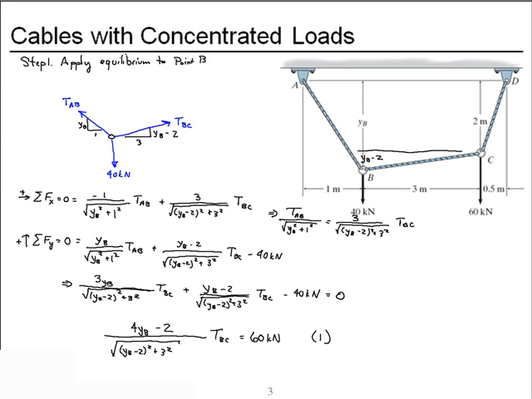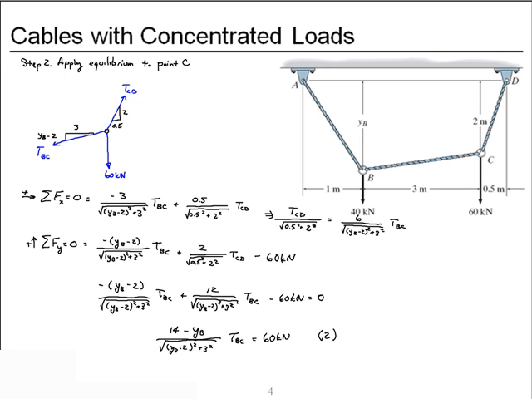And we chose to use the sag at B and the tension in segment BC. And we chose the tension in segment BC because it'll be common to the equilibrium we'll look at, point B or point C. So we then repeated the process at point C.